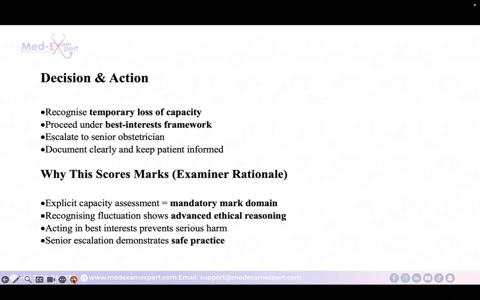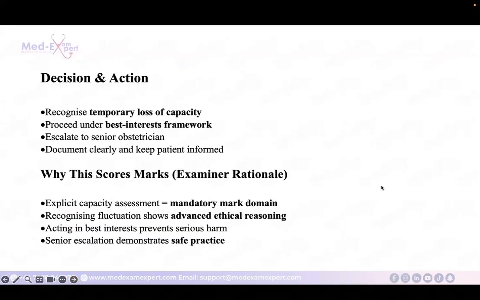You informed your senior. You also documented that the patient initially verbally agreed, because in this situation you don't sign documents, you don't sign a consent form. It's verbal consent, isn't it? So if you document that, I think that will be good enough for you.